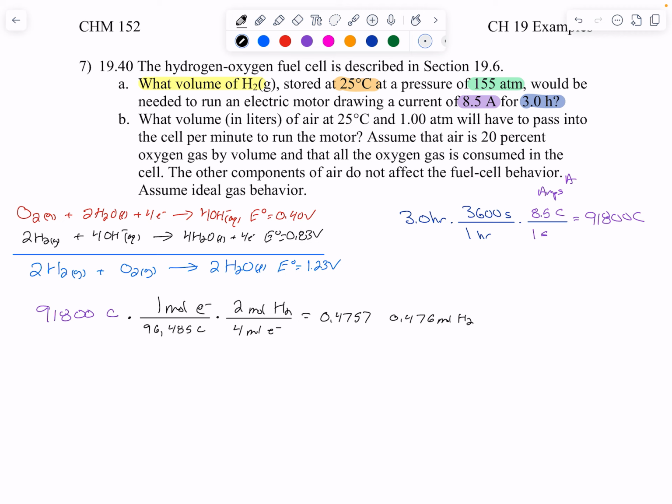So we use PV equals nRT and solve for V. Volume equals n times R times T over the pressure of 155 atmospheres.